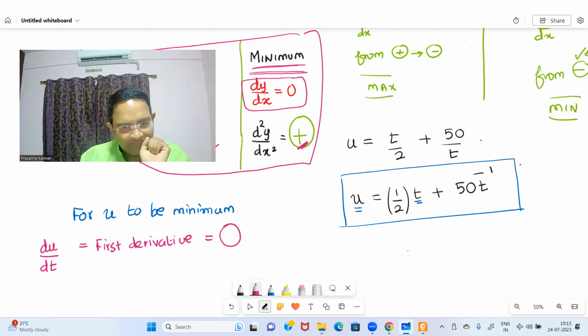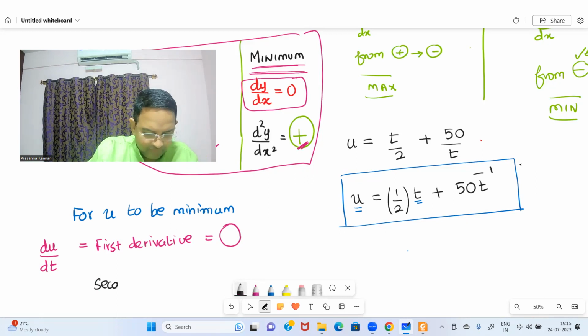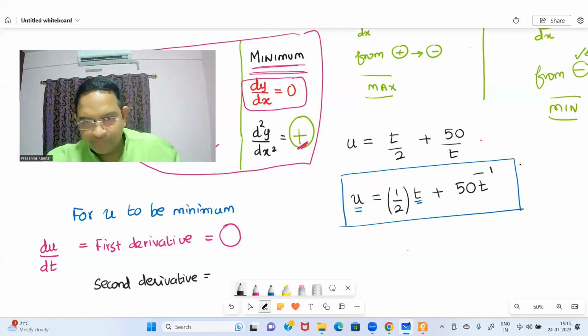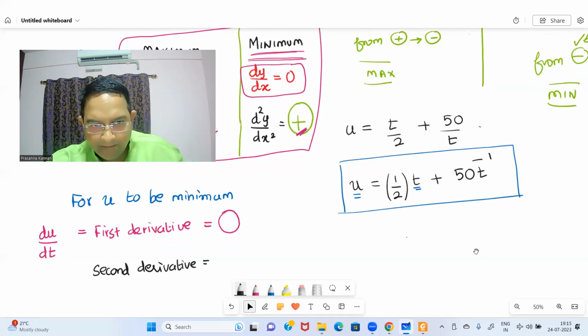Clear, guys? Okay. Is this enough or is one more condition there? One more. What is the condition? The second derivative, sir. Very nice. Who is answering that? Roshni. Excellent, Roshni. So second derivative must be d square y by dx square.